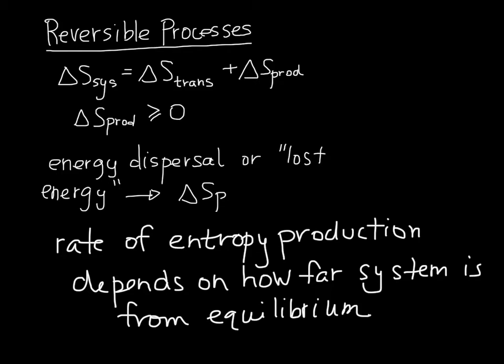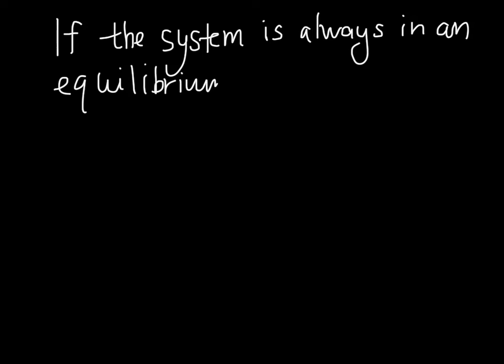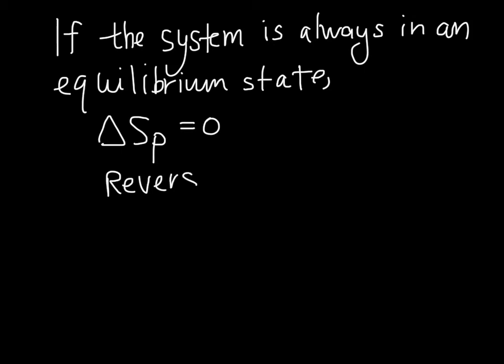If the system is not at all away from equilibrium, the system is in equilibrium, then there's no entropy production, and the process is said to be reversible. So if the system is always in an equilibrium state, then ΔS_p is equal to 0. We have no entropy production, and this is what we call a reversible process.